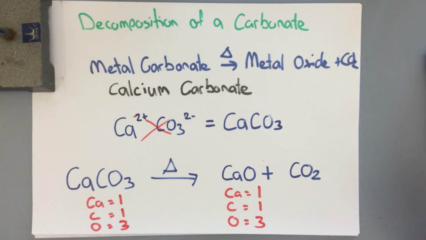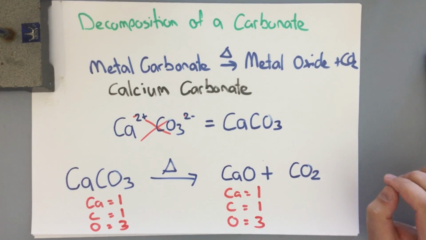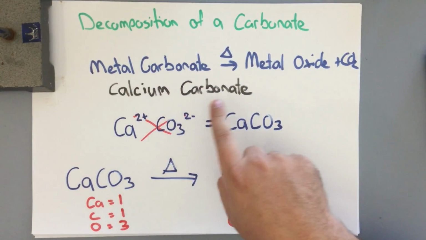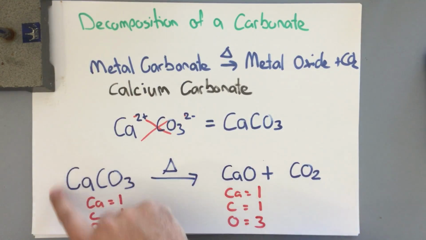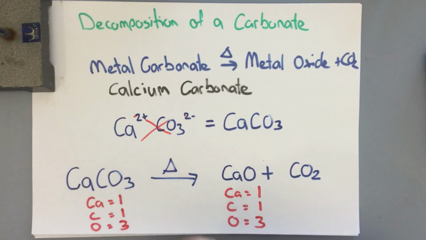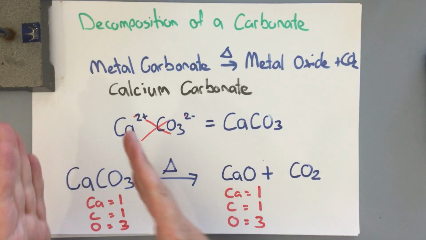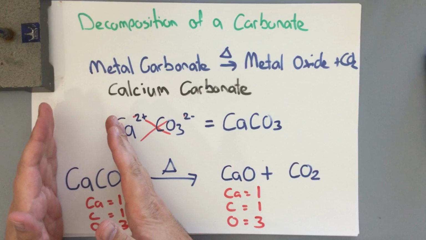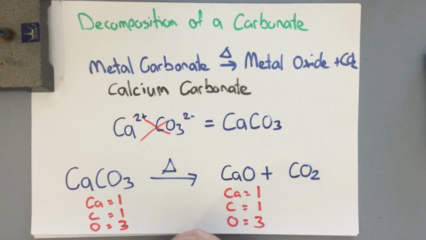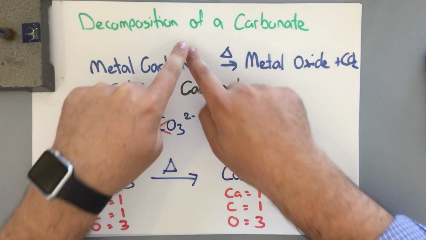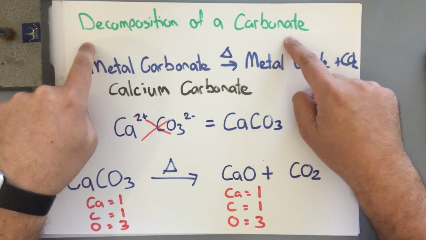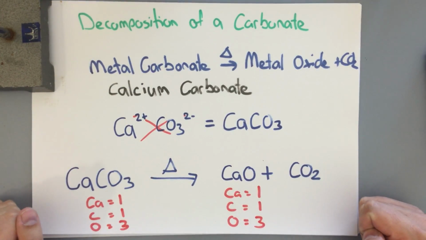Most of the time, in fact I can't think of a time when it wouldn't be the case, because we're just decomposing this compound, by the law of conservation of mass, as it breaks down it will have to be balanced with what's over here. So that might help you when you're looking at decomposition of a carbonate to remember how to balance that equation.